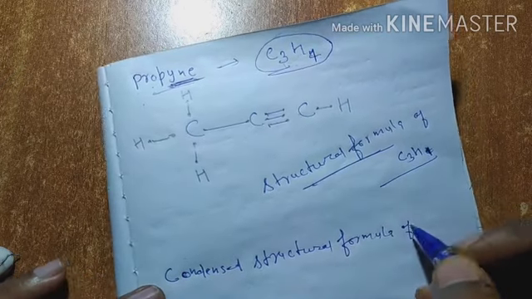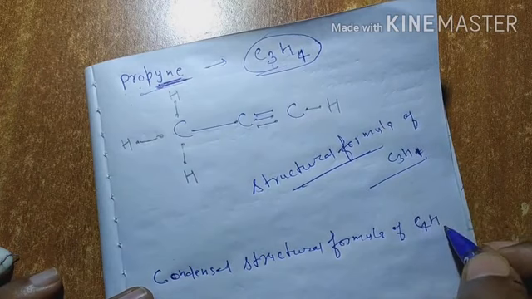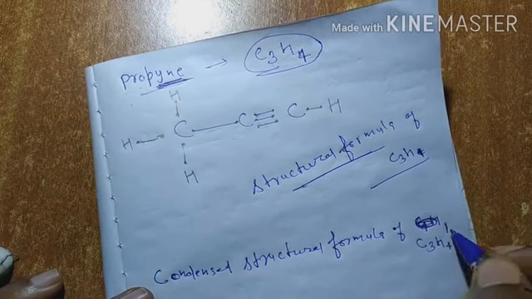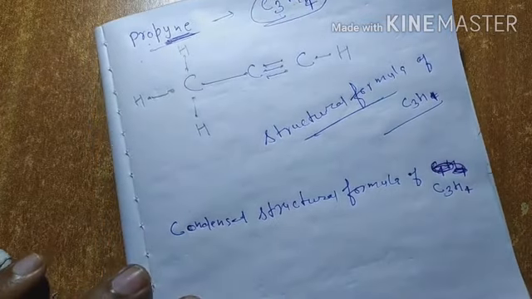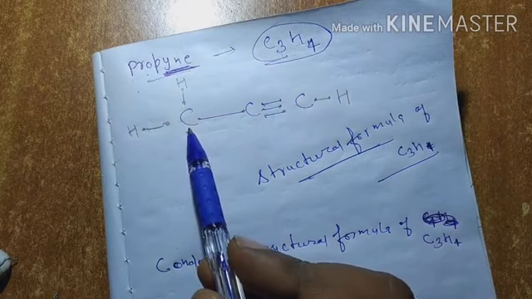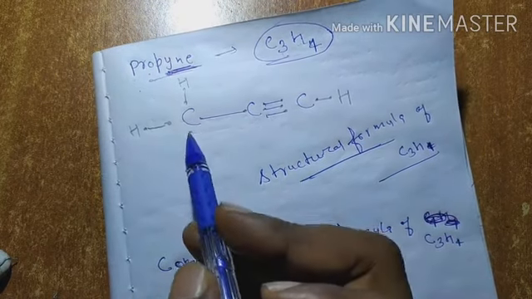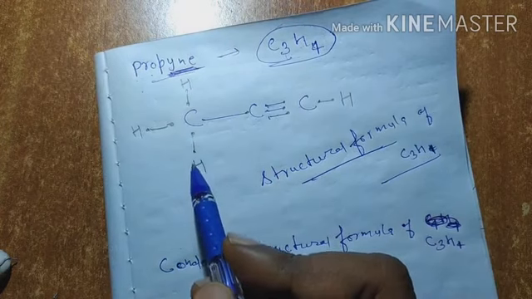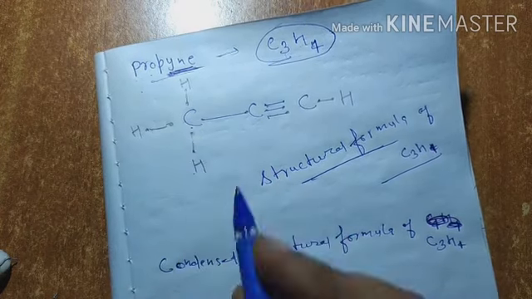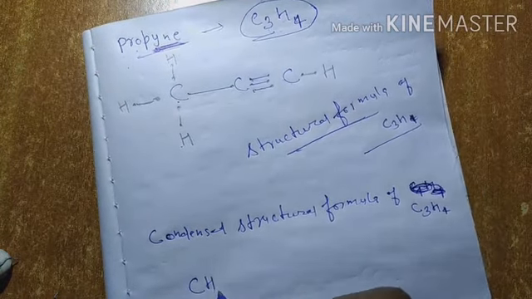Now the condensed formula of C3H4, right? You can see here, from this carbon atom, how many hydrogens are there? In place of hydrogen, anything can happen, but from this carbon atom there are 3 hydrogens. So we will write CH3.